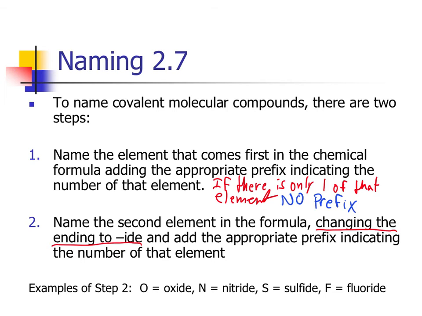Now, this IDE ending on the second element is so important. It indicates that you're done naming the compound. Or it can indicate that the element is part of a compound where we're just not saying the rest, such as fluoride. You know, did you go to the dentist today and swish your fluoride?